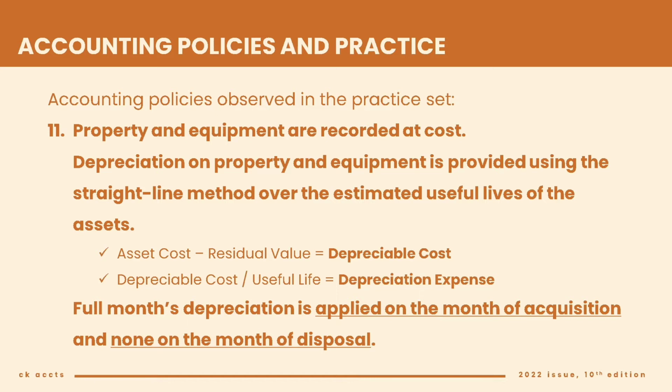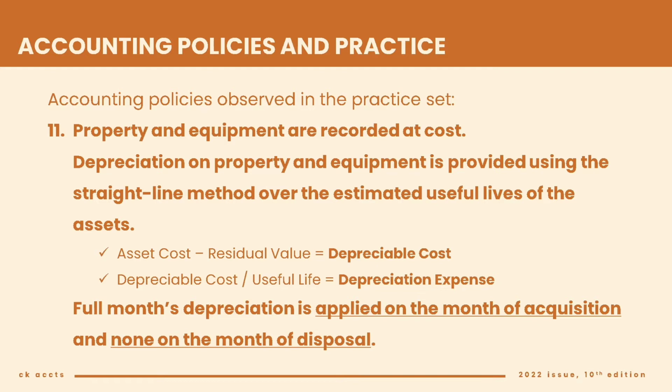So they are recorded at cost, and depreciation on property and equipment is provided using the straight line method over the estimated useful lives of the assets. Okay, so probably maraming beses na na-encounter nyo na itong straight line method. So, hindi na to bago sa inyo, I think.